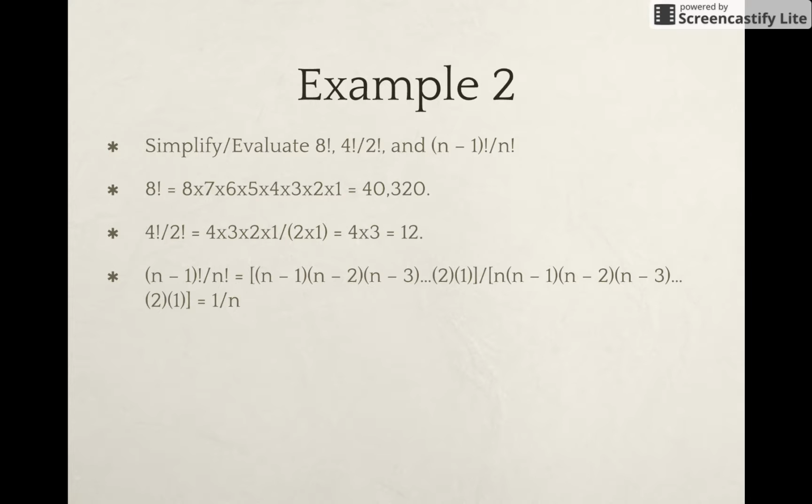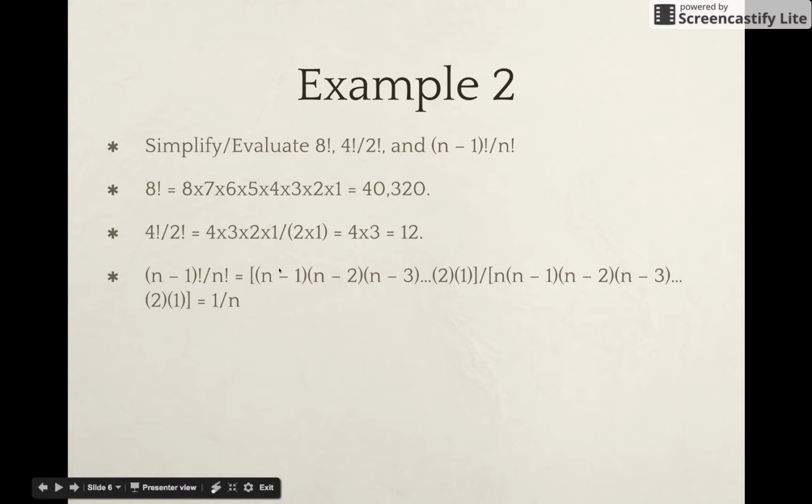Looking at n minus 1 factorial divided by n factorial, we'll do the same thing. Execute the command of n minus 1 factorial, and you'll see that's n minus 1 times n minus 2 times n minus 3. We'll continue going until we multiply by 1. Execute the command for n factorial. That's n times n minus 1, so on until we get down to multiplying by 1.